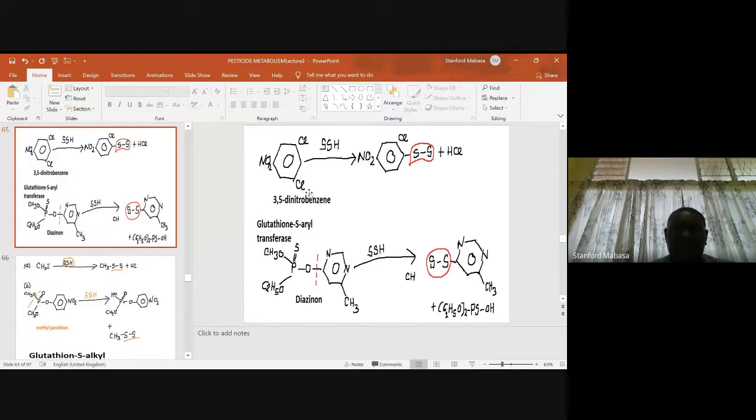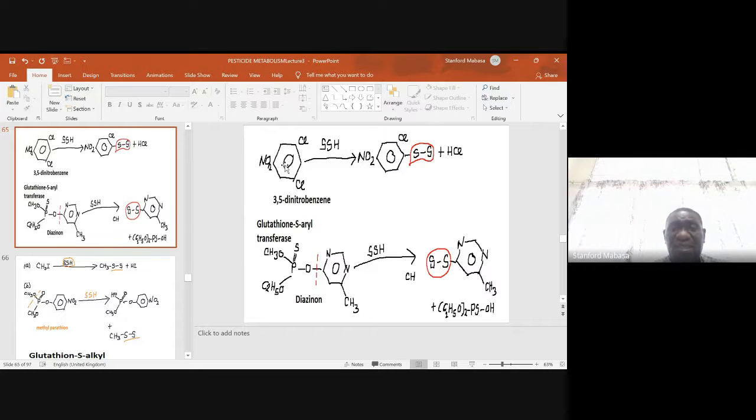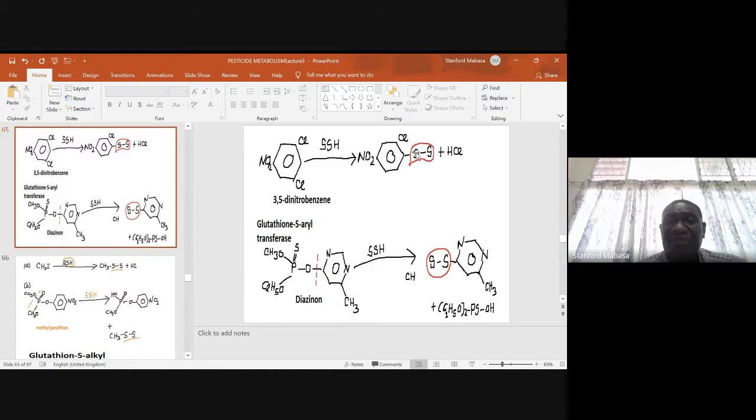We also have this 3,5-dinitrobenzene, which can conjugate with the glutathione. So we can have this structure being joined here to form this complex.